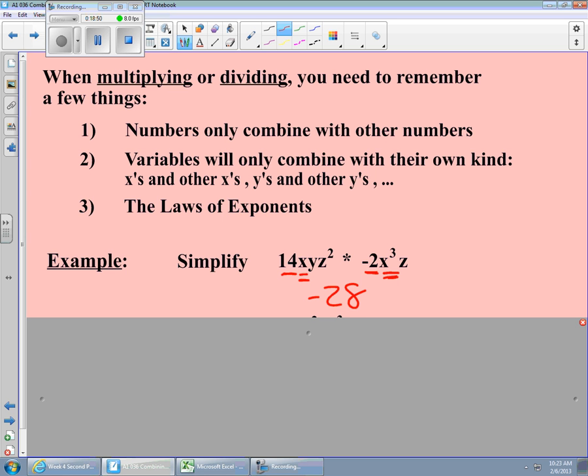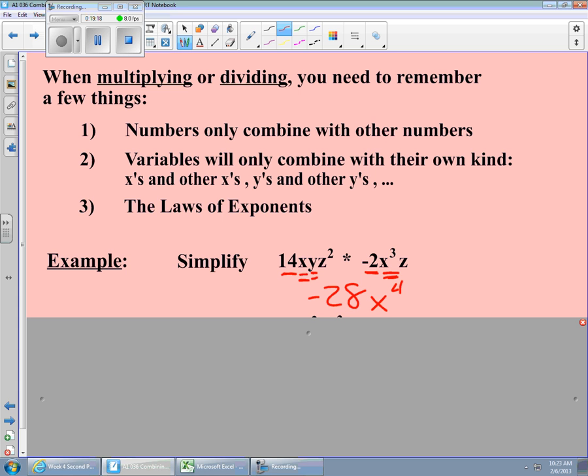We have a base of x multiplying by a base of x. What do you do with the exponents when the bases are the same, multiplying together? Add them up. That's exactly it. So how many x's will there be in the answer? 1 plus 3 will be 4. There will be x to the fourth in the answer. Exponent of 1, exponent of 3, add them up. That's the first law for the laws of exponents.